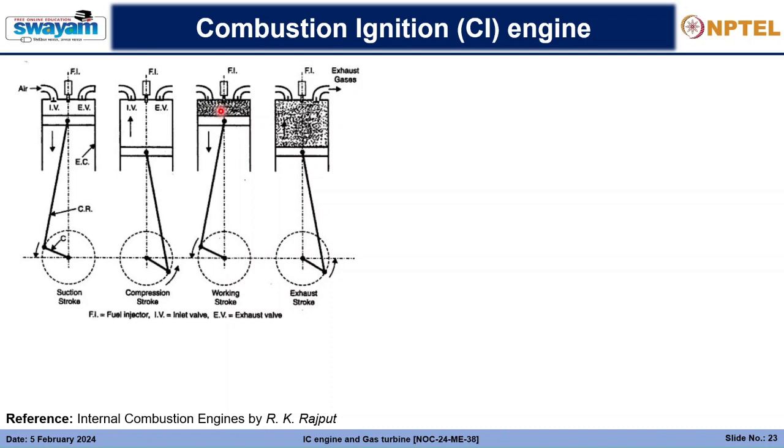When this fuel comes out of the nozzle, you will get to know later in this course that it is in mist form, not in very big droplets like what you see from your taps. No, that is not the case. It is very, very fine droplets, called mist, and that process is called atomization.